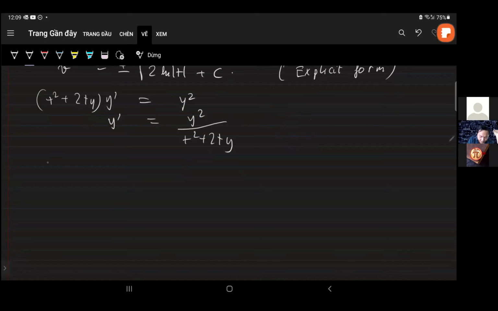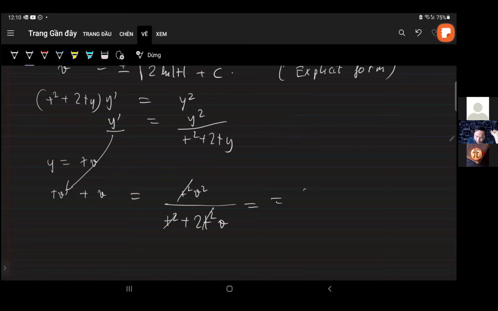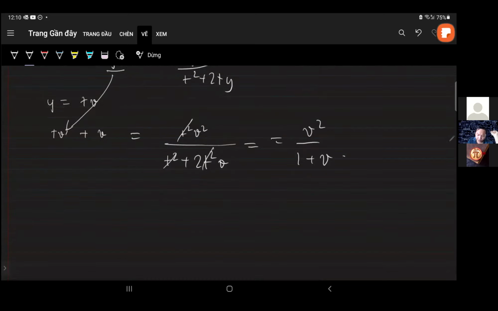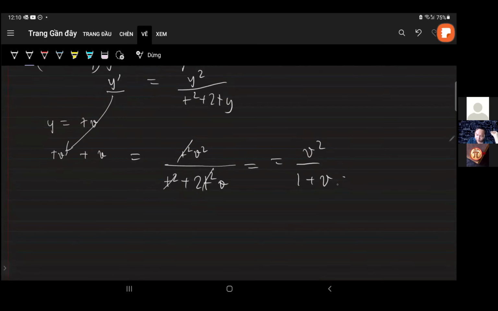You just need to let y equal tv and do the same thing that I did. Write everything in terms of t and v. On the left hand side we have t v prime plus v, right? On the right hand side we have t squared v squared divided by t squared plus 2t squared v, right? And then you cancel out t squared, you have v squared over 1 plus 2v, right? And there you go, you get the idea.